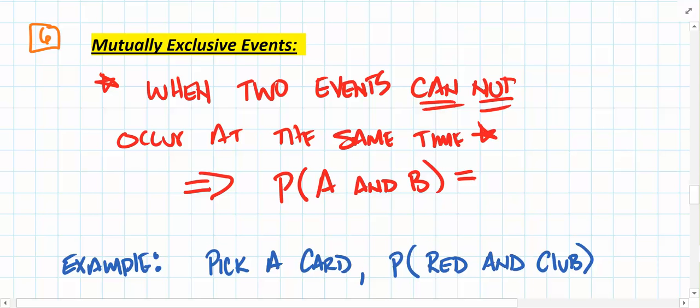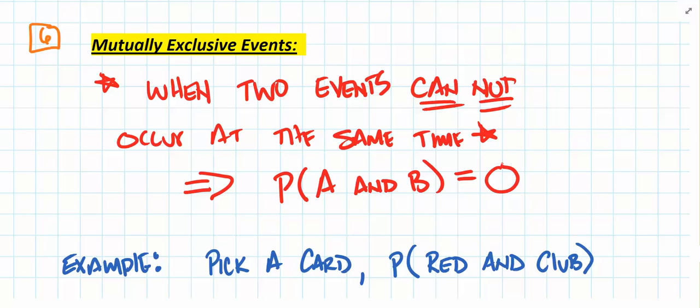If A and B are two events that are defined as mutually exclusive, then they cannot happen together at the same time. If they can't happen together at the same time, then the probability of A and B has to be 0. Is that fair enough to say? You guys with me so far on that part? Okay, great. So that's what it means to be mutually exclusive.